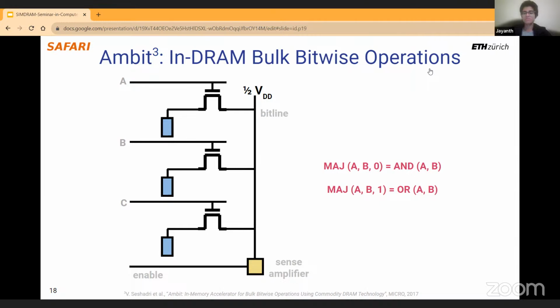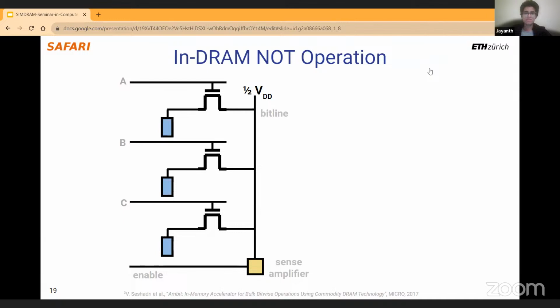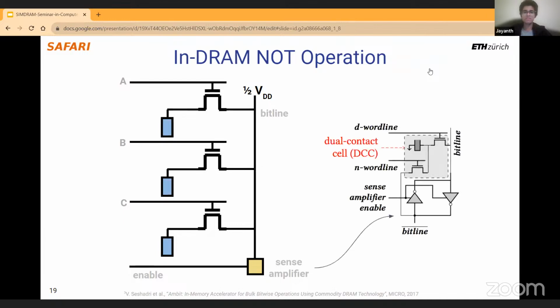Now for this to be logically complete, all we need is some way to implement the NOT operation as well. Let's see how this is done. If we look closely into the sense amplifier construction, a sense amplifier is nothing but back-to-back connected inverters. So what Ambit does is include some specialized rows called dual contact cell rows.